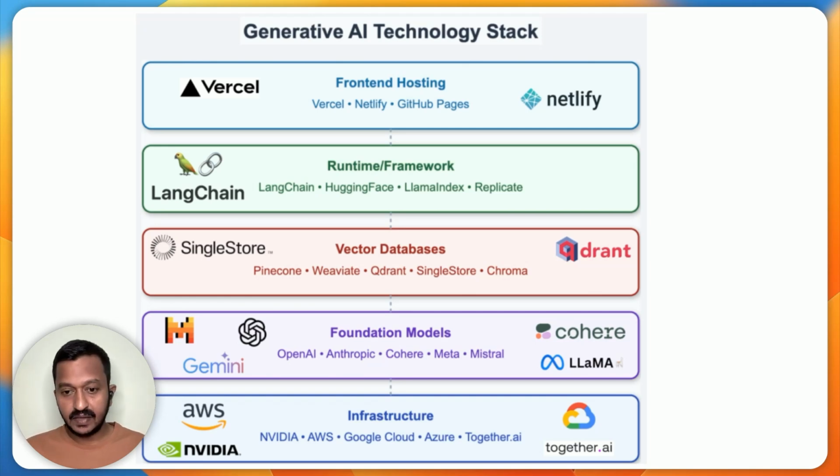And then in the vector databases layer, there is Pinecone, Weaviate, SingleStore. There are a lot of choices out there. And then the foundation models we saw, right? And then the infrastructure layer, NVIDIA, AWS, Together AI, and Google Cloud, all these things that give you the infrastructure to basically build robust AI applications.